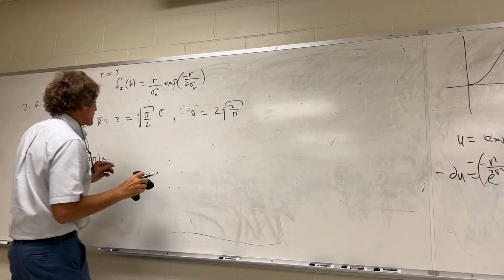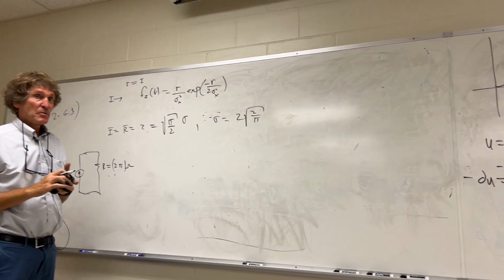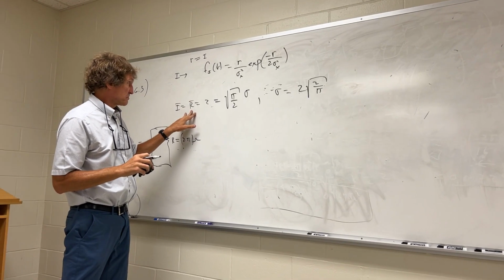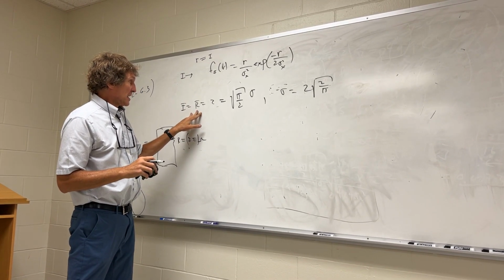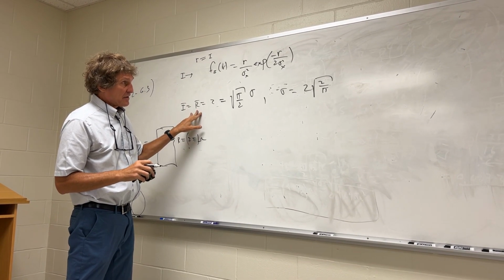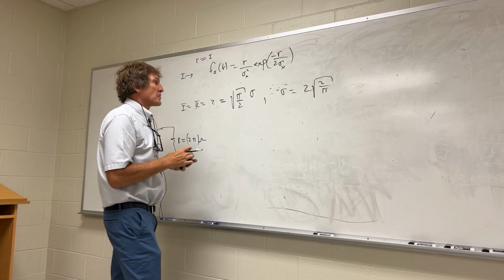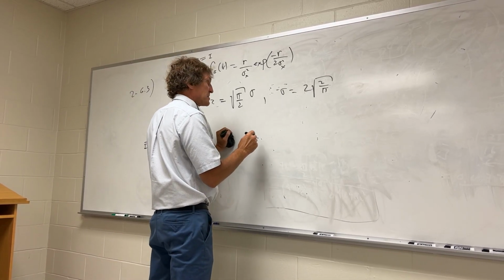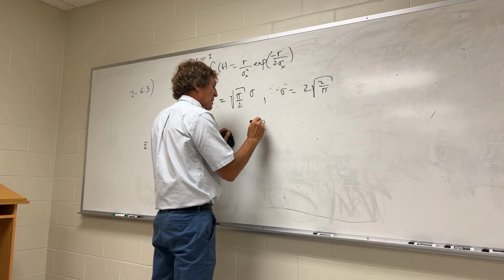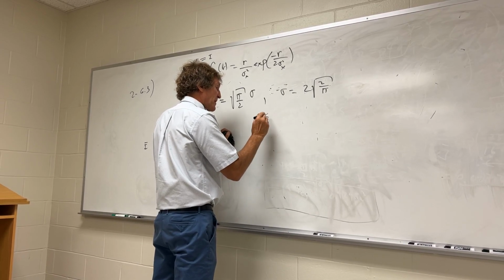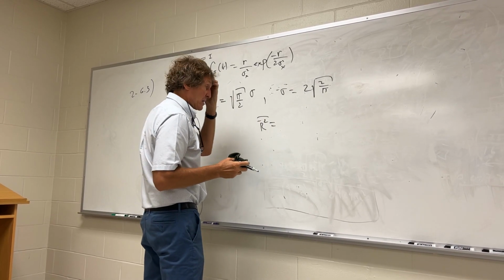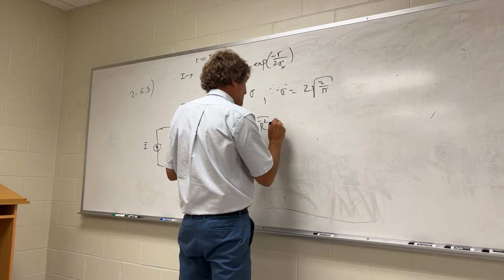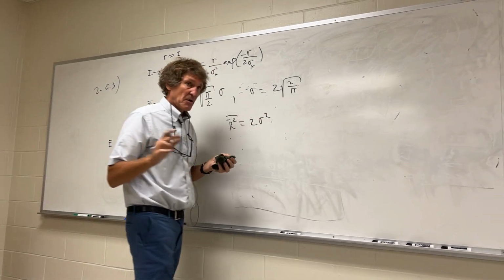Now, that's important. Next, when we look at this by itself, we've got that value. For the current itself, which is a Rayleigh distribution, the mean squared value of the current would be equal to 2 times sigma squared. You all follow me?